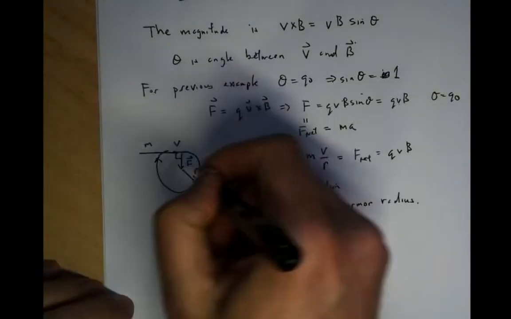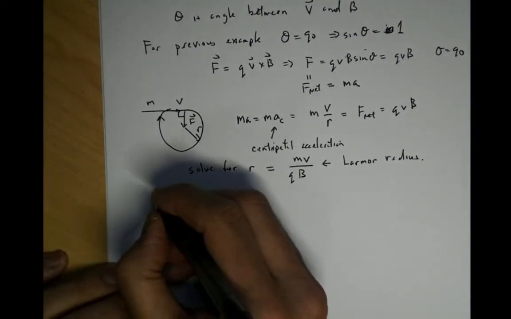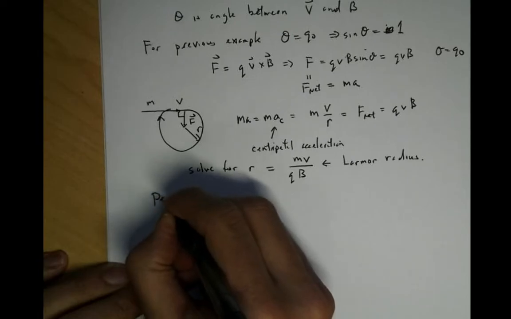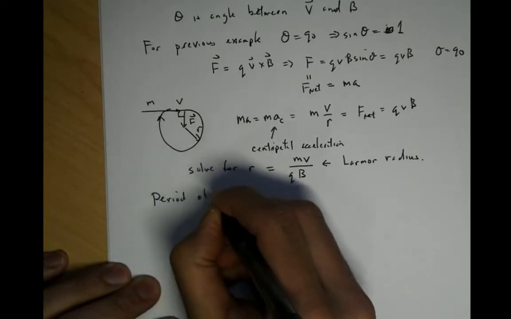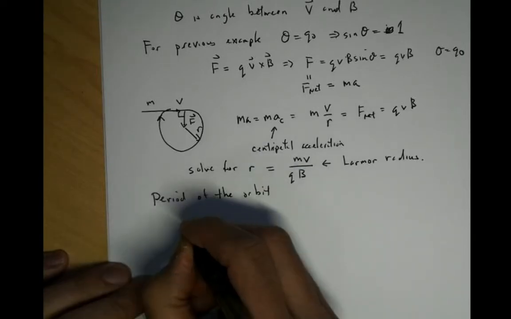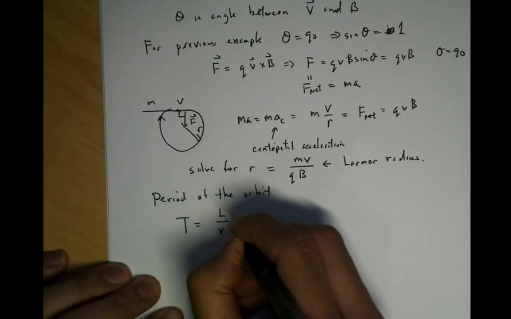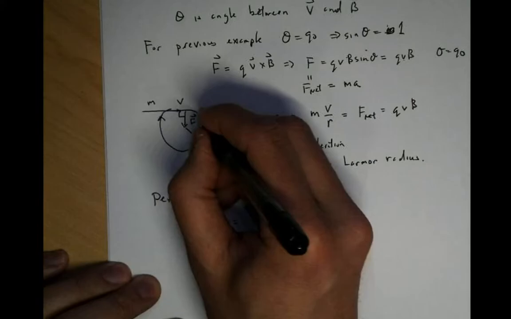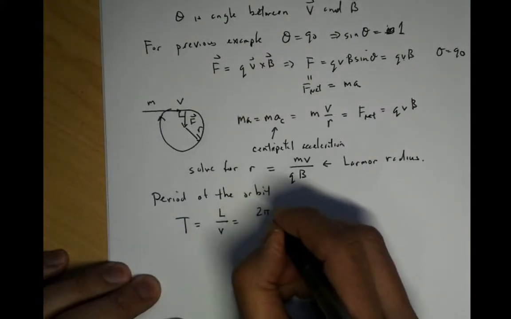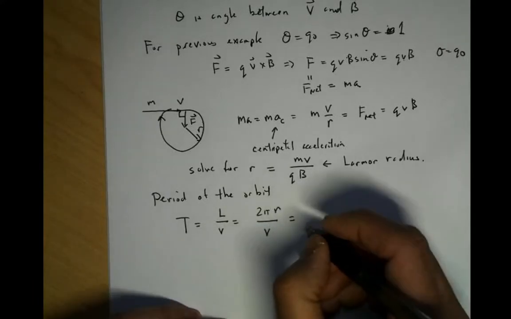The period of the orbit, the time it takes for it to complete one circle, that's T. Well, that's just basically the total distance, L, over V. And what's the total distance? Well, it's the total distance of a circle, that's 2 pi times r divided by V. And you basically work this out.